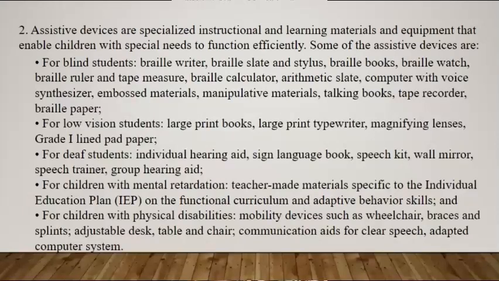And for low vision students, large print books, large print typewriter, magnifying lens, grade 1 line pad paper. For deaf students, individual hearing aid, sign language book, speech kit, wall mirror, speech trainer, group hearing aid.